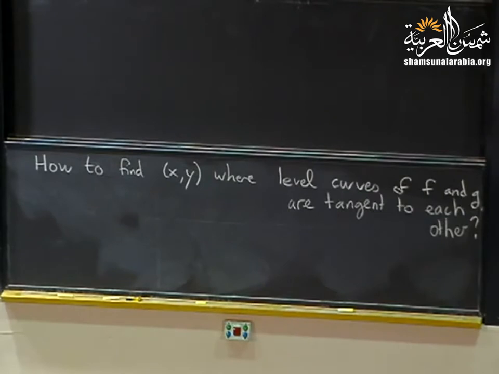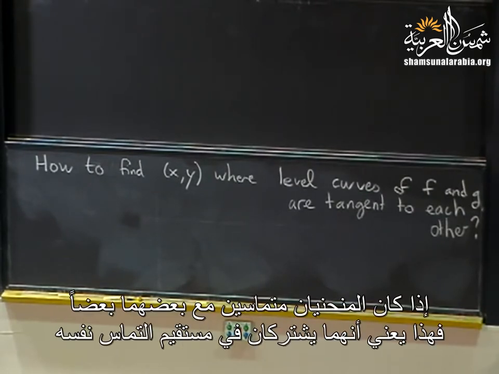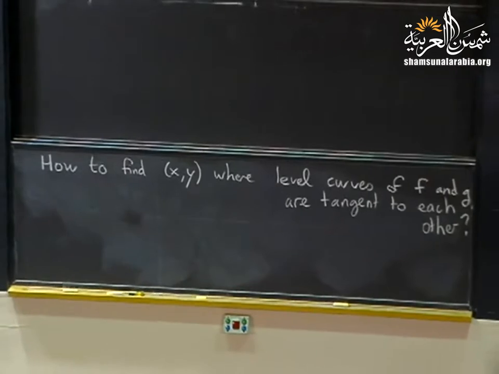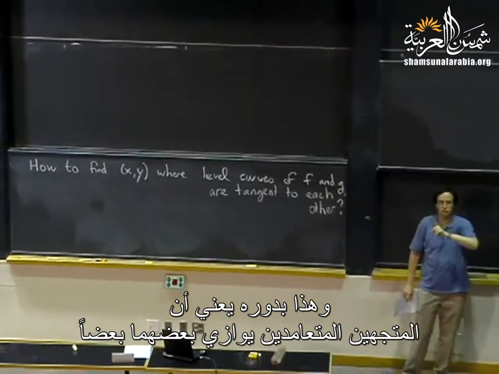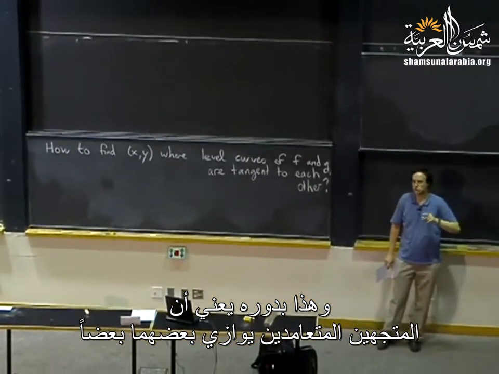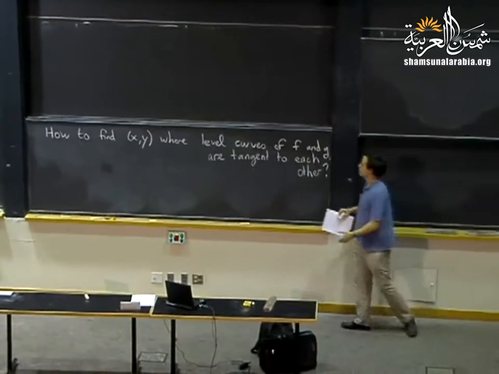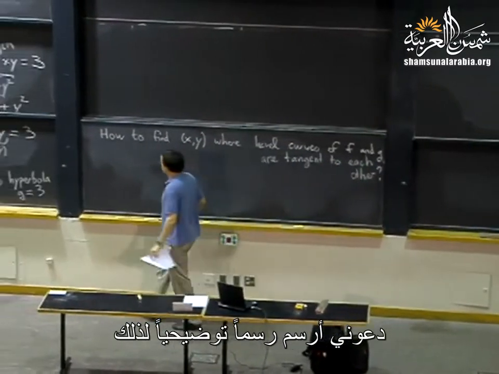Well, so let's think for a second. If the two level curves are tangent to each other, that means that they have the same tangent line, right? If they have the same tangent line, that means that the normal vectors should be parallel. Okay? Let me maybe draw a picture here.